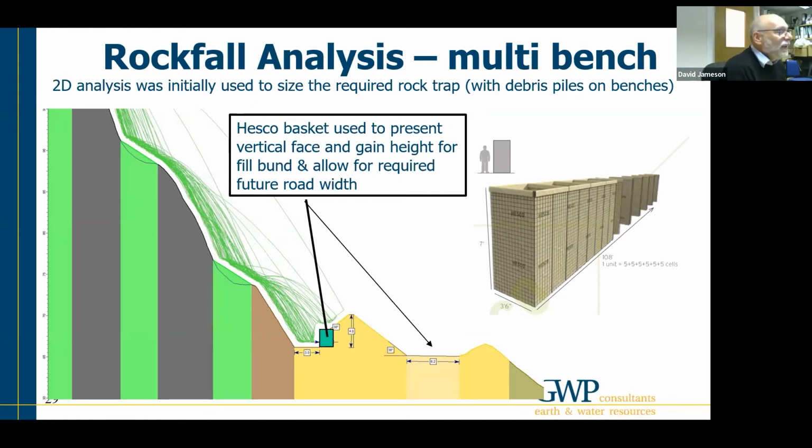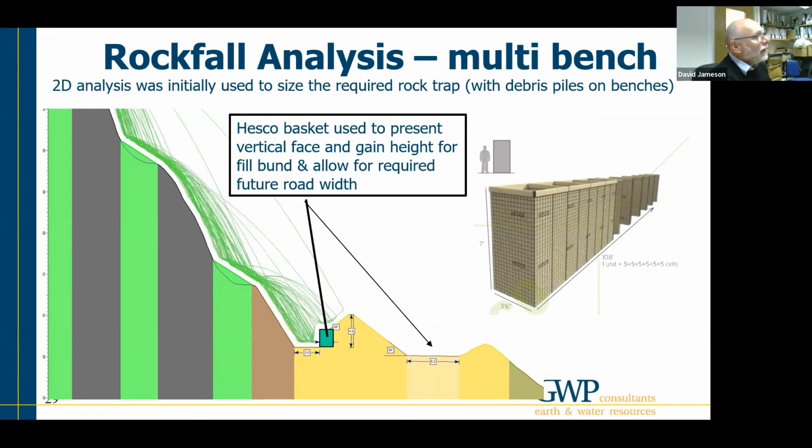You can see there are some trajectories that show particular rockfall trajectories which will overtop or miss a couple of benches, and so the rock trap needed to be sufficiently far away and high enough to try and catch those.